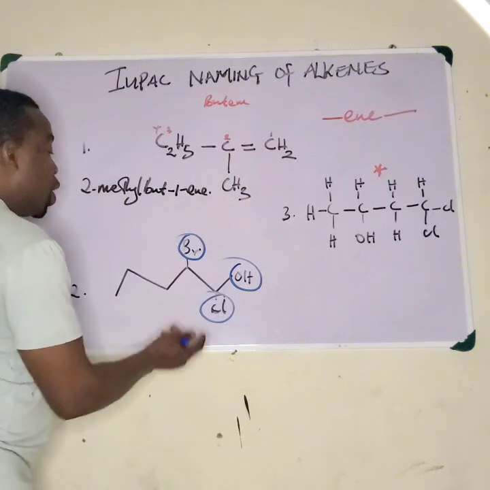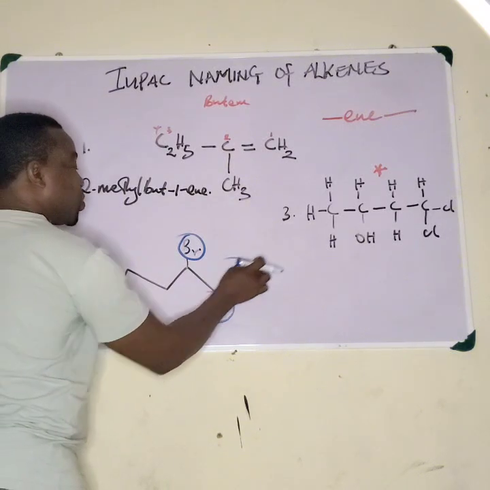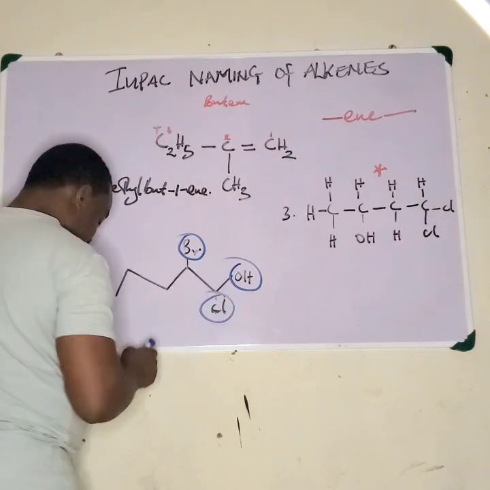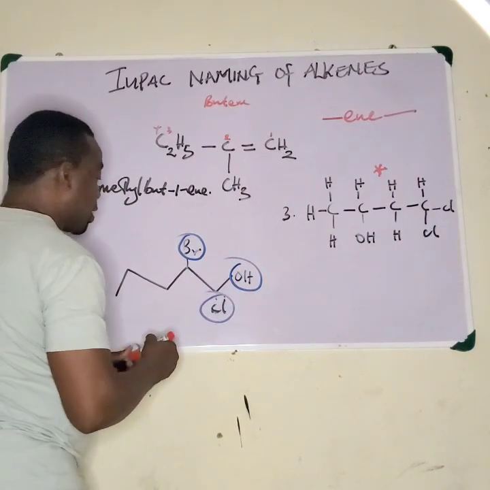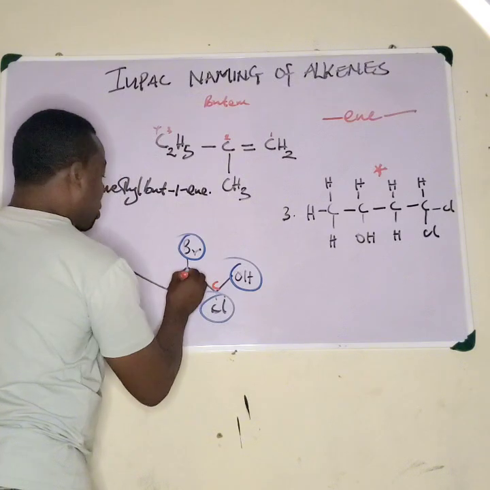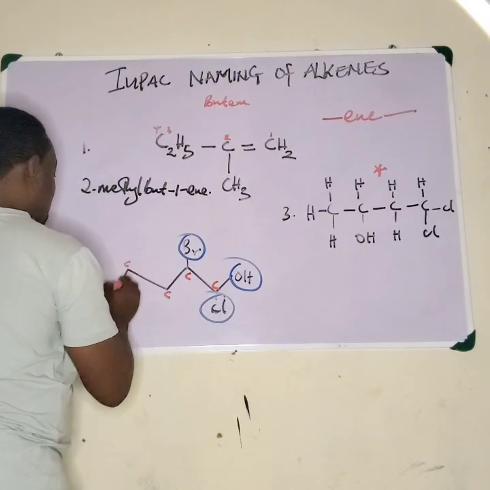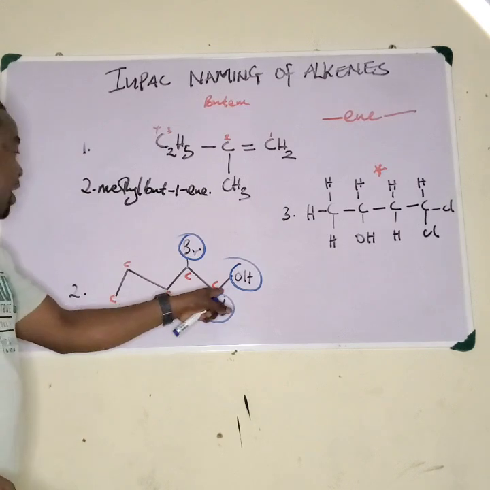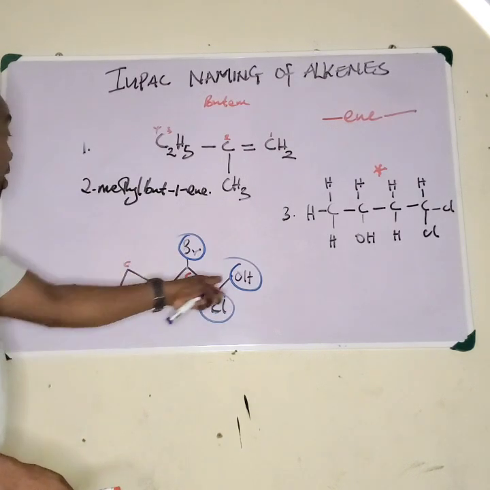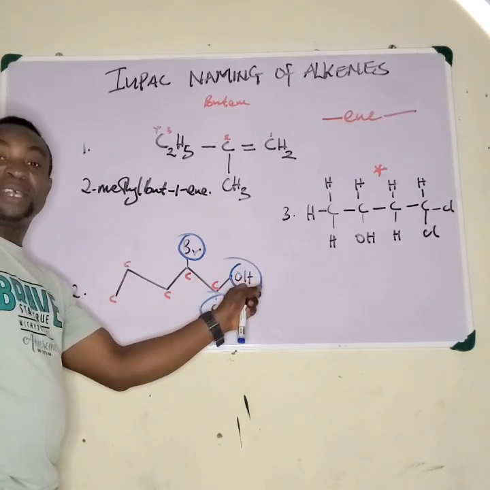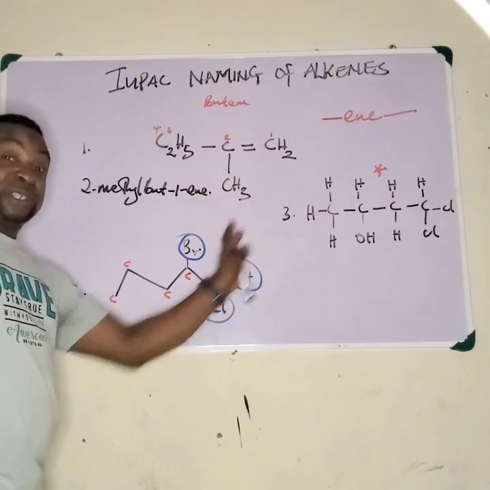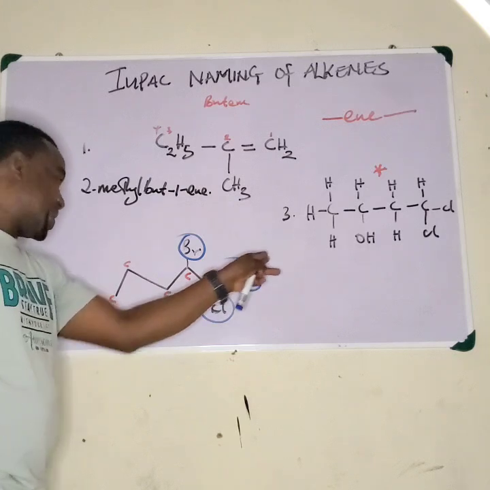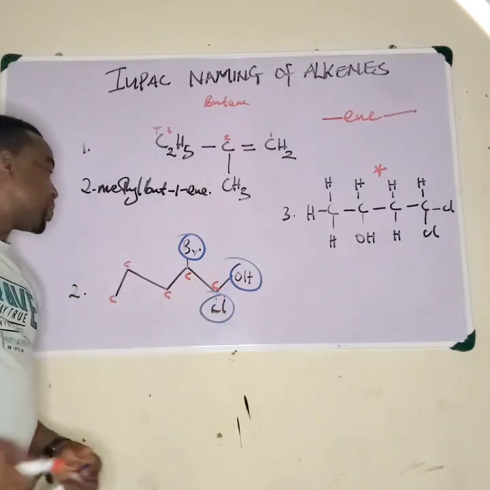So if we are naming, you do not name from there, because this is just a substituent attached to this carbon atom. Please pay attention: 1, 2, 3, 4, and 5. We have 1 here, 1 here, 1 here, 1 here. There is no carbon atom here because OH has already assumed this. It's just a kind of substituent. OH is attached to this carbon, and Cl is also attached to this carbon.